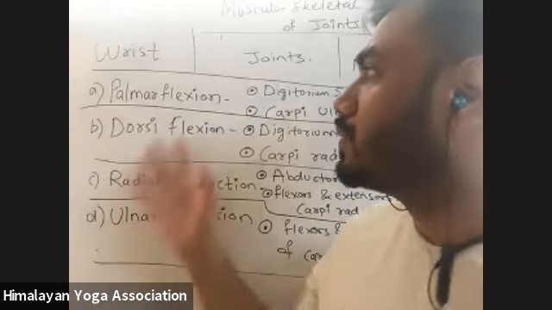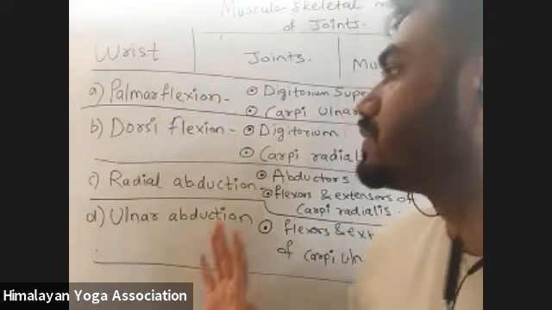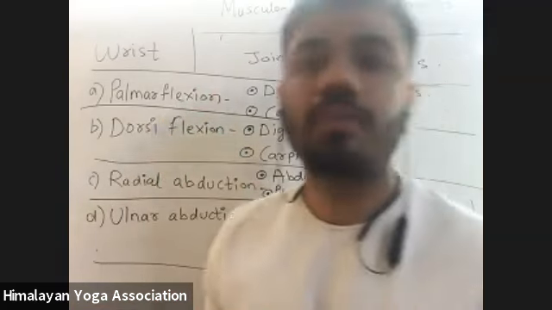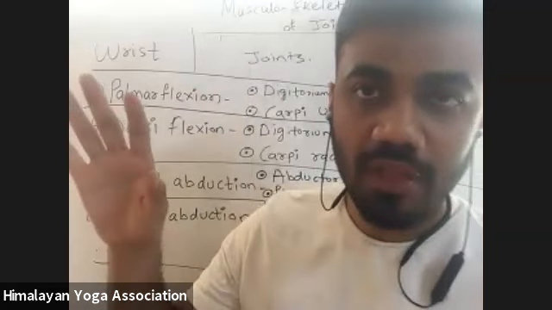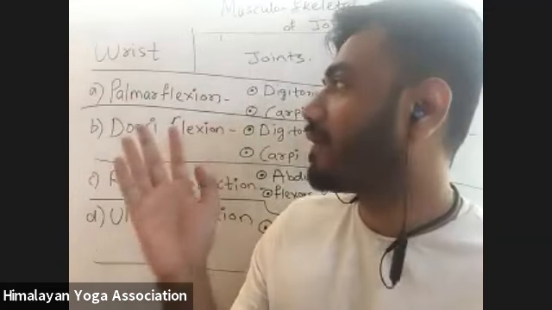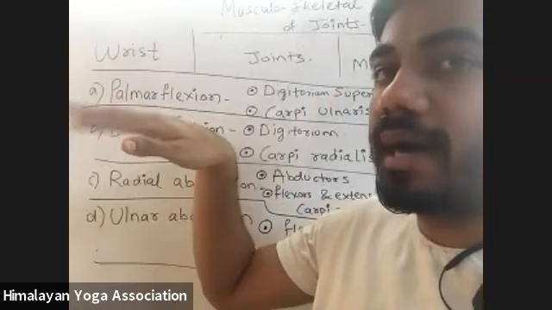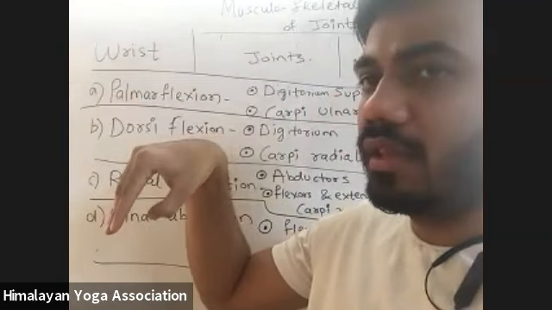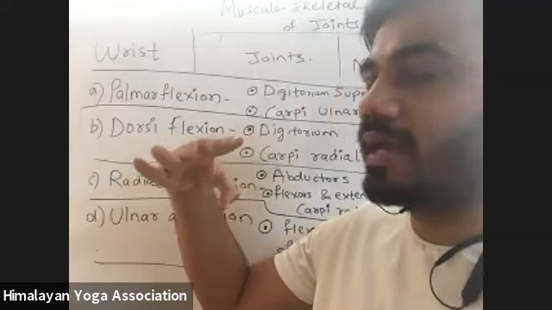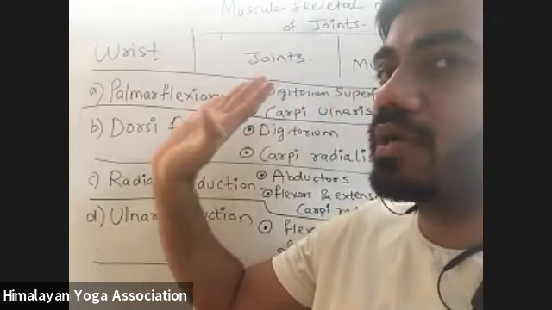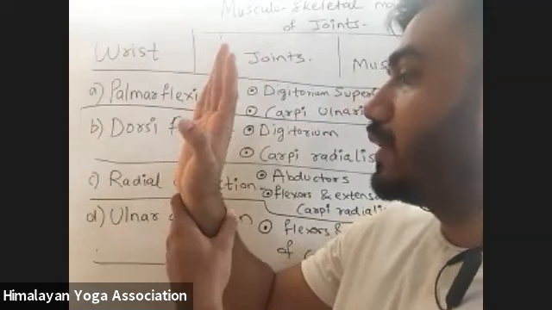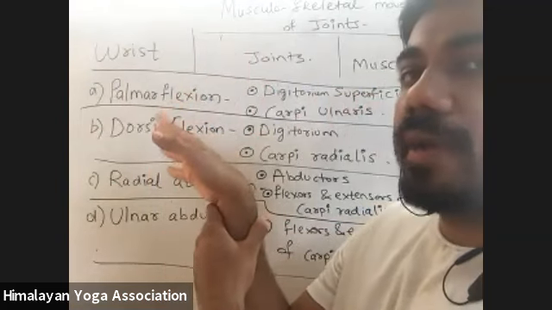So these are the only 4 movements of the wrist joint which we can make. Even when we say we can rotate our wrist, what are we doing? We are doing first palmar flexion, then radial abduction, then dorsiflexion, then ulnar abduction.